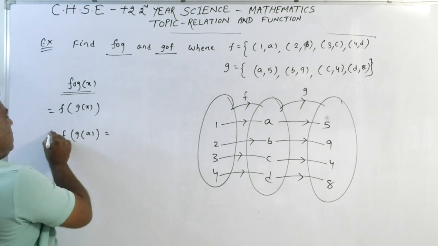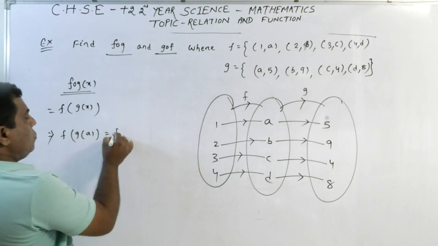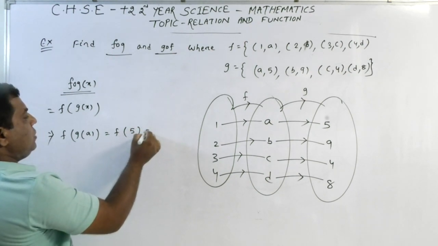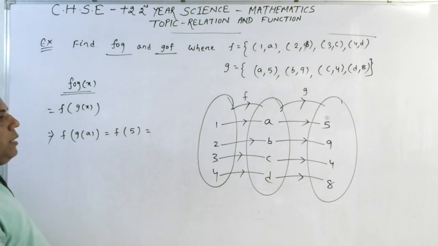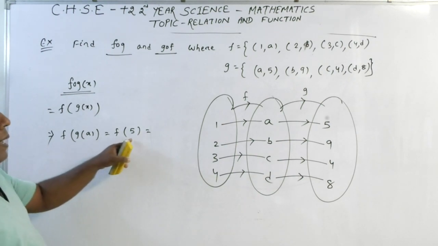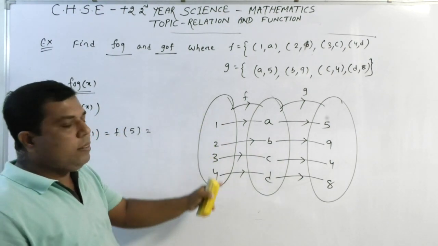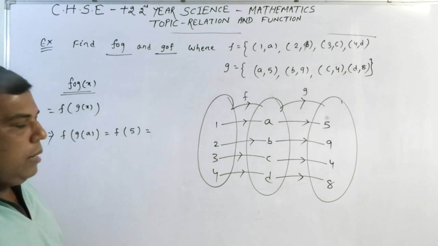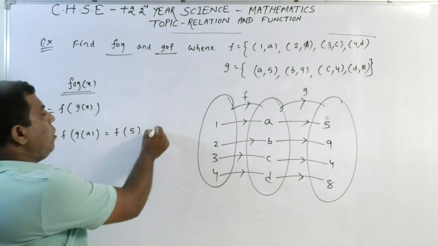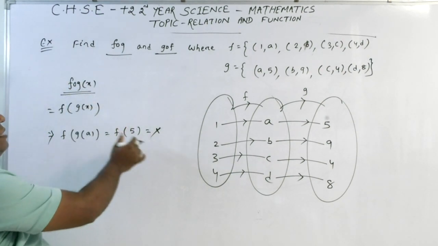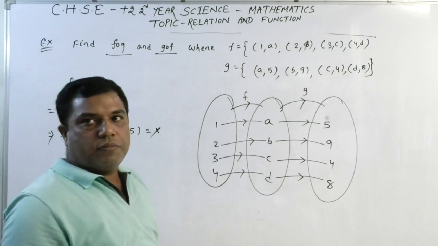We will go one by one. So f of g of a means f of 5. You see f of 5 cannot be evaluated because f does not have this type of domain values. So the fog is not defined in this case.